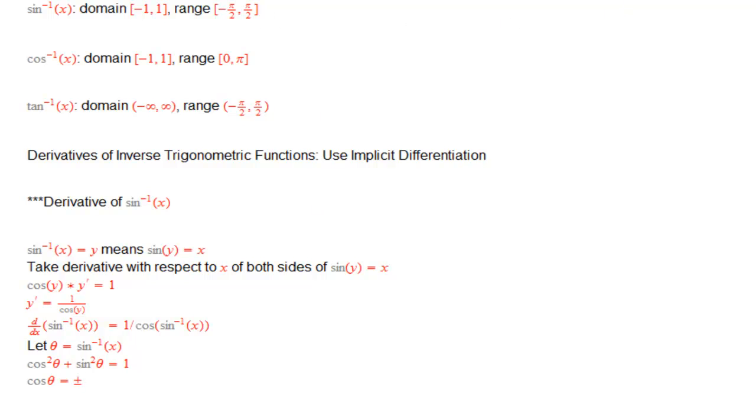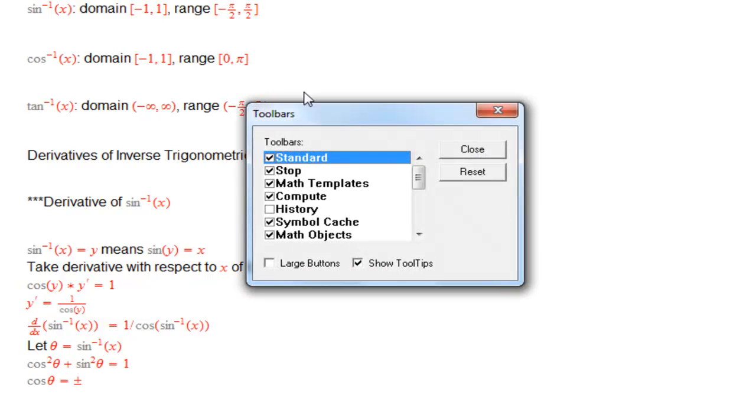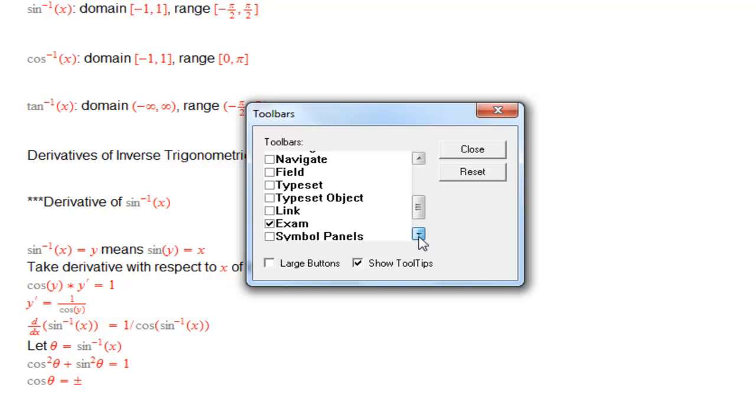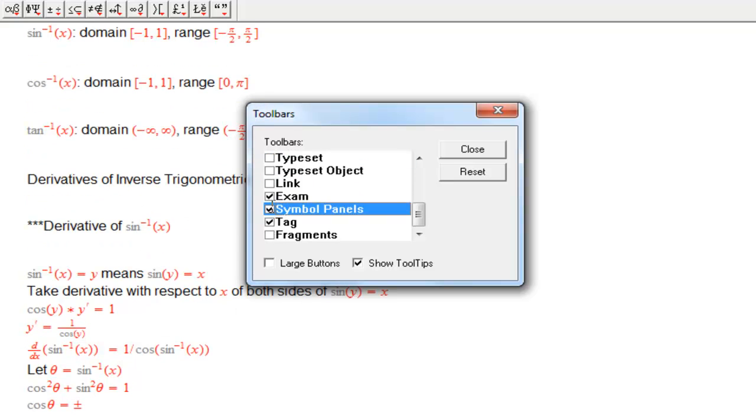Let's see, how do I do square root? Let's see if we can. I don't think that it's in there somewhere.